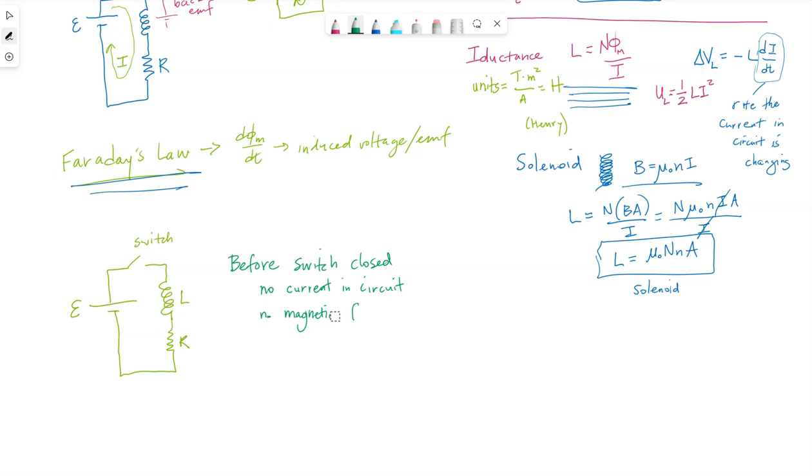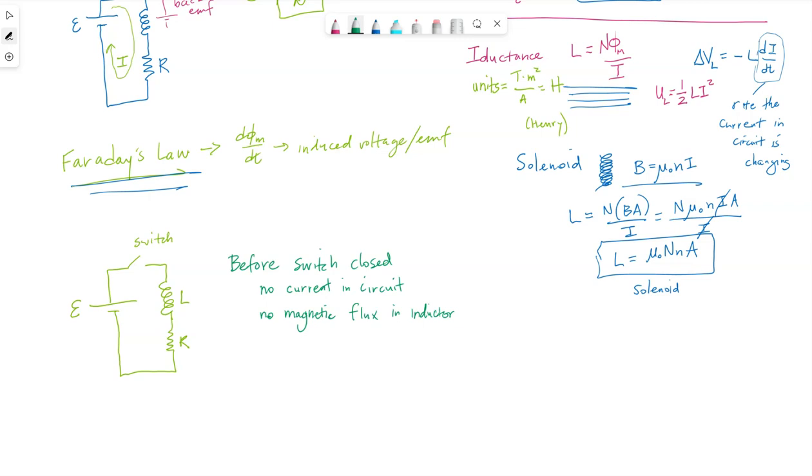That's supposed to be a C. Magnetic flux in the solenoid or the inductor, in that coil over there. So if there's no current flowing through it, it is not producing a magnetic field. So if there's no magnetic field inside of it, then there's no magnetic flux at all.